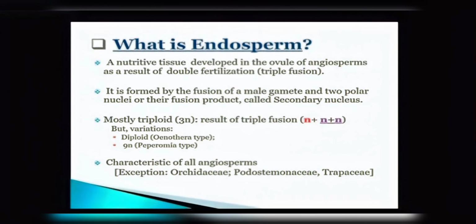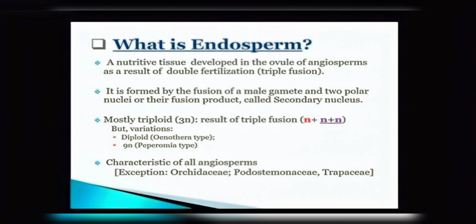It is formed by the fusion of the male gamete and two polar nuclei, or the product of the secondary nucleus. Mostly there is the fusion of three nuclei, that means one male gamete and the two polar nuclei. That's why it is called triple fusion, because it contains three nuclei.